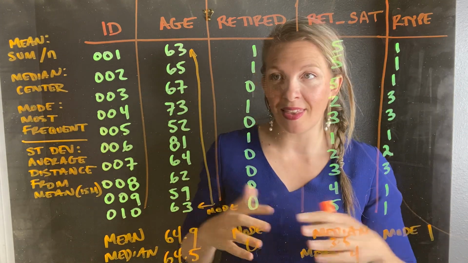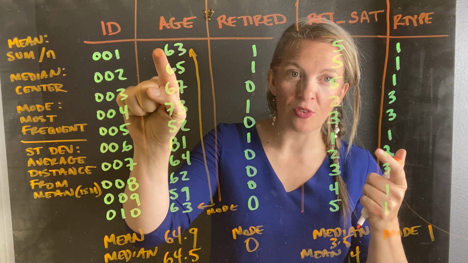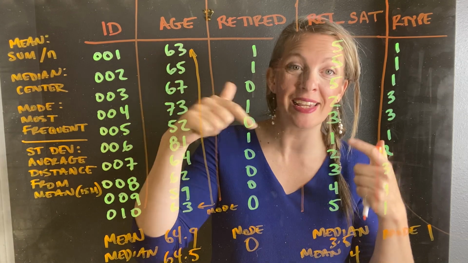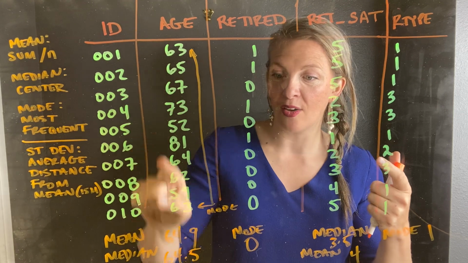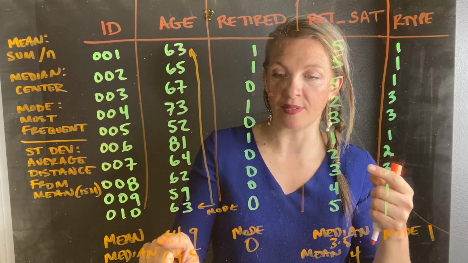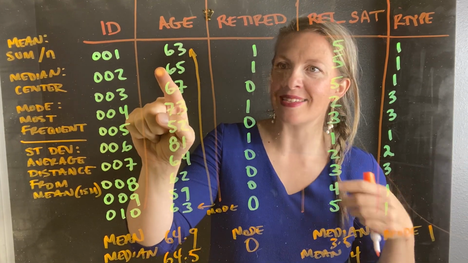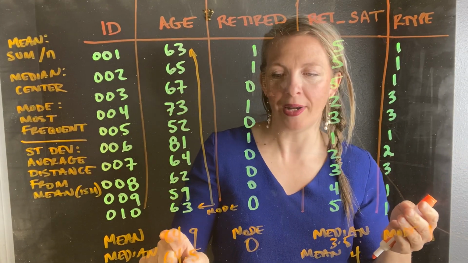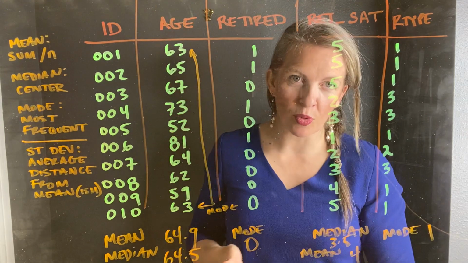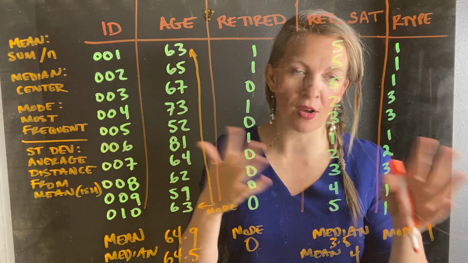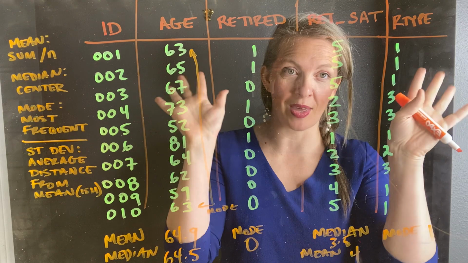And so the way you calculate that is you figure out what the mean is, and then for each observation, you figure out how far away that observation is from your mean. So how far away is 63 from 64.9? It's 1.9 years. How far away is 65 from 64.9? It's 0.1 years away. So for each of these, you would figure that out, and you can note if it's above or below the average with plus or minus signs, but in the end you end up squaring that so that goes away anyway.